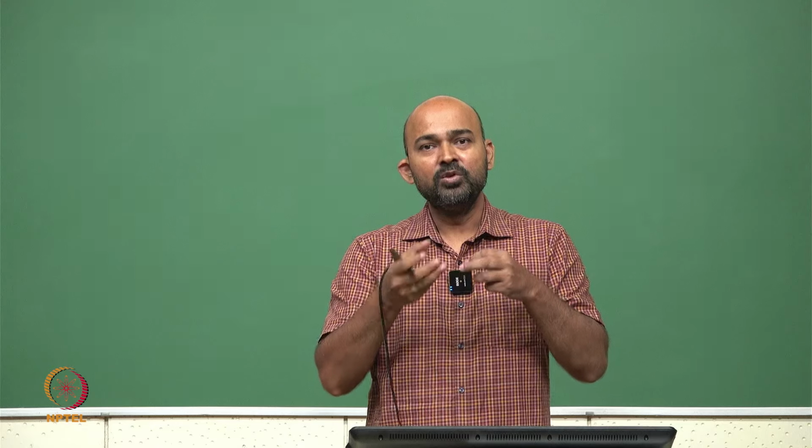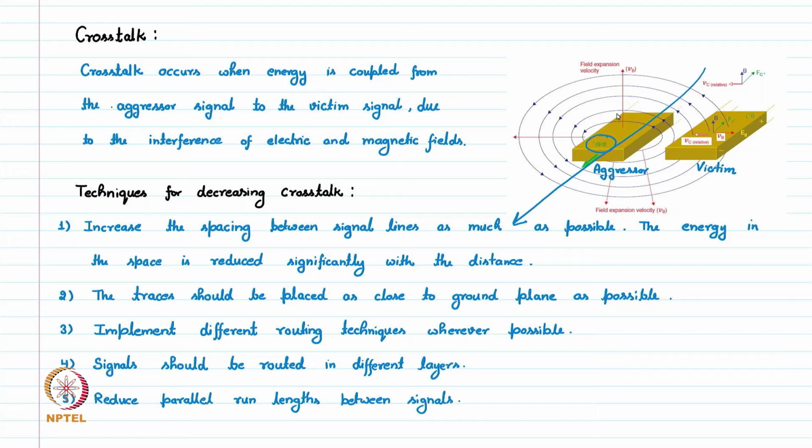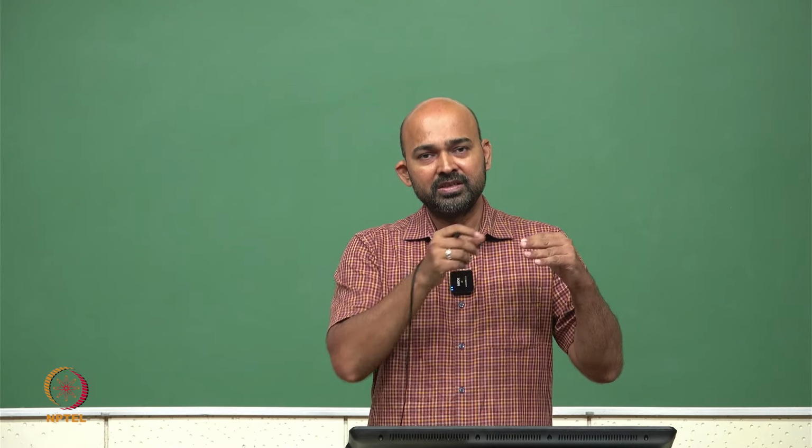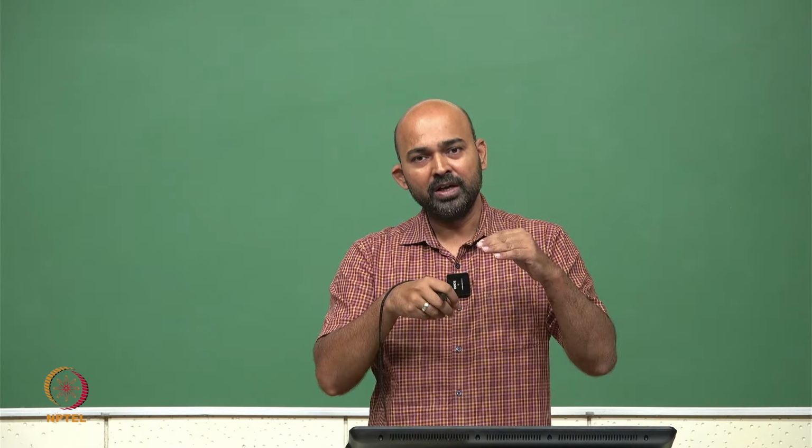At that time we need to use something called a via. A via is a kind of hole in the PCB which takes the signal from top to the intermediate or lower layers.